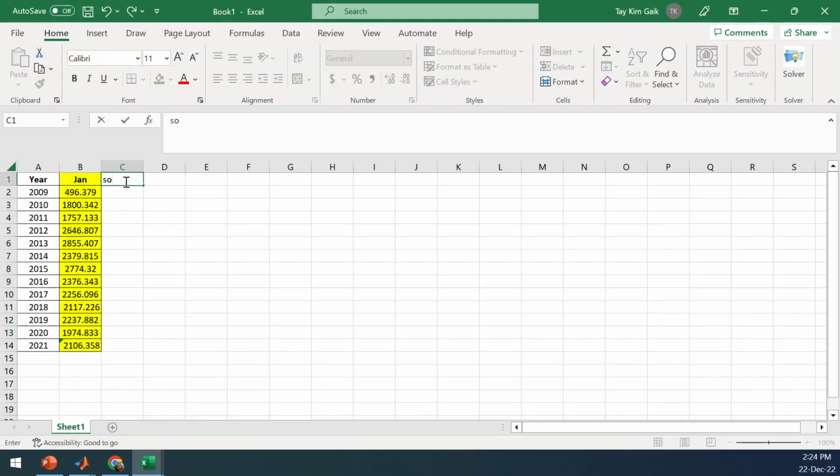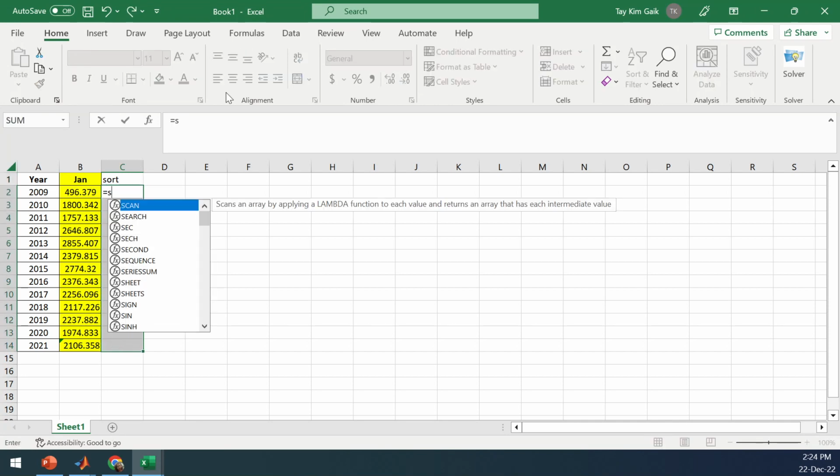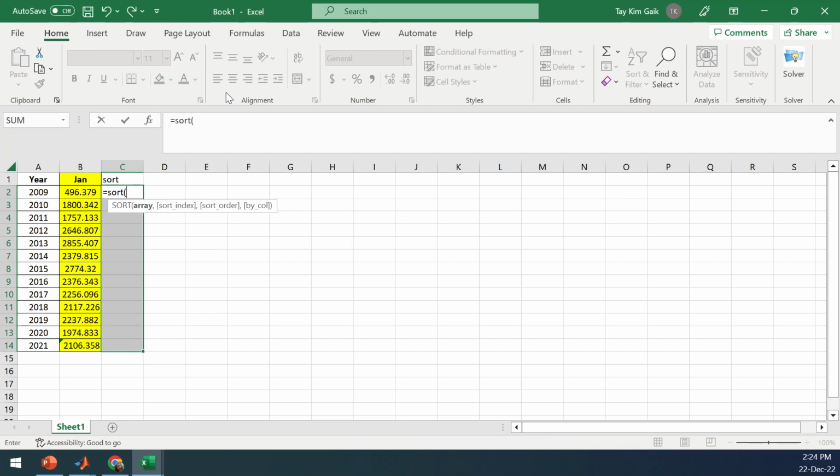Then we are going to sort it in ascending order.